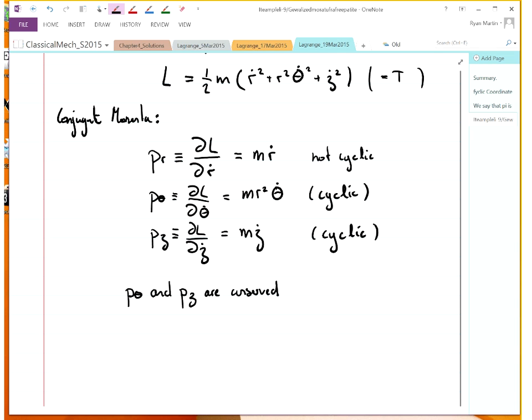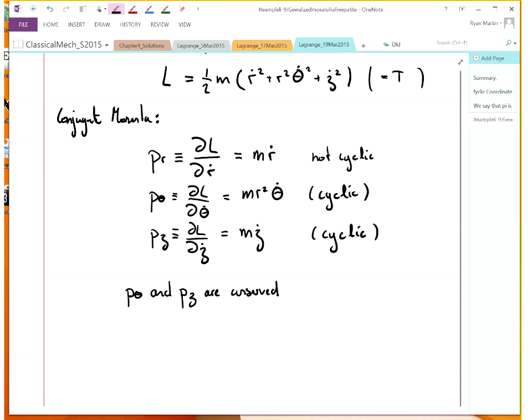Well, let's look at p theta and p_z. So p_z maybe is obvious, right? p_z is the momentum in the z direction because we use polar coordinates, so the z direction is unchanged from Cartesian. So it's a free particle, so we certainly expect the linear momentum in all 3 directions to be conserved. So here we see that at least the momentum in the z direction is conserved because the z coordinate is cyclic.